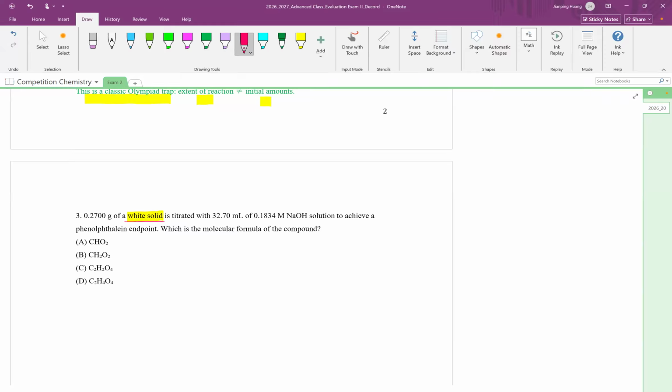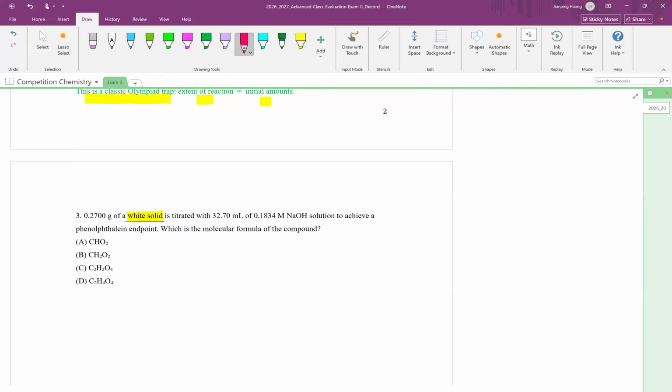It is a solid, and it is an organic acid. Do you remember? In the lab training, we discussed benzoic acid and oxalic acid. Those are common acids when you do the lab. It's not HCl, not sulfuric acid, not phosphoric acid. Here it's a white solid, and that tells you it is an organic acid.